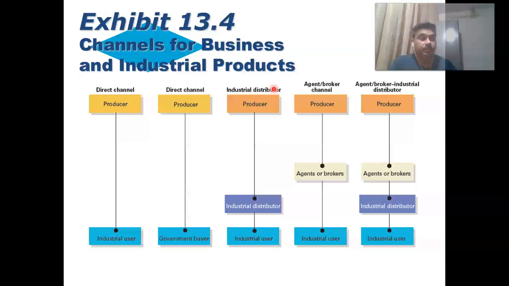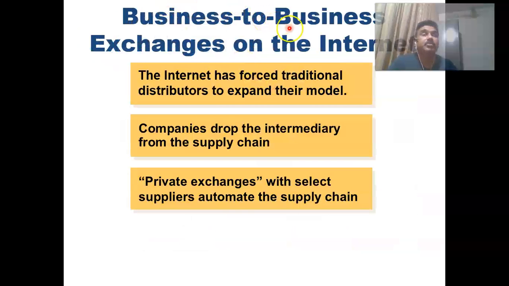Then the next one is business to business exchanges on the internet. Nowadays, due to internet technology, most industrial products are sold through the business to business concept, and that is exchanged through the internet.